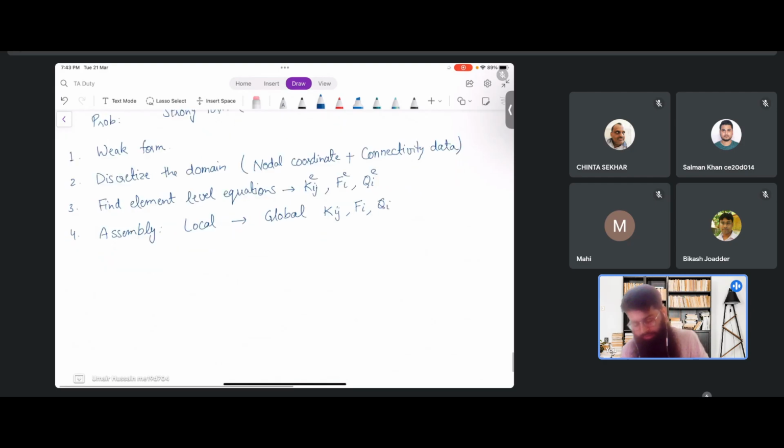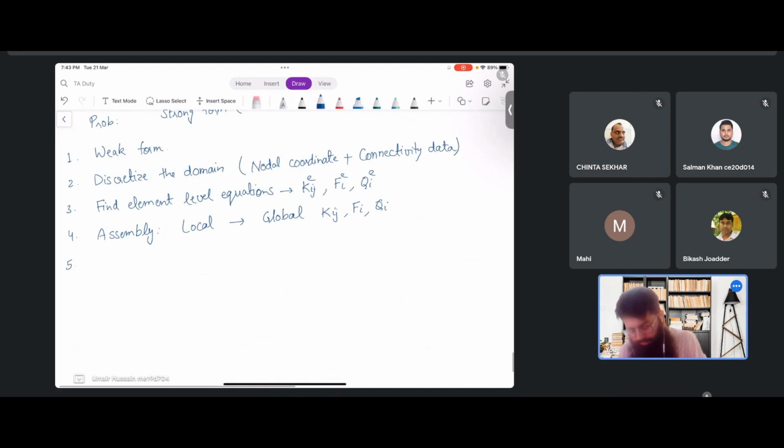After assembly, there's one more thing that we didn't study here in much detail, that is applying boundary conditions. Then we'll get a condensed matrix.